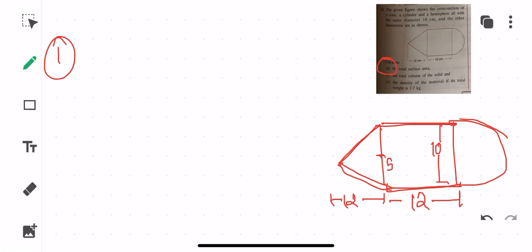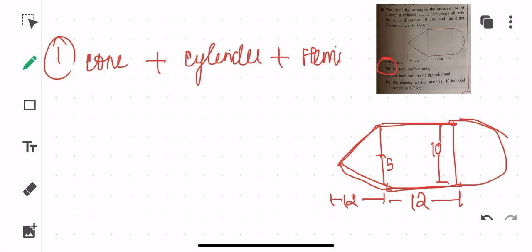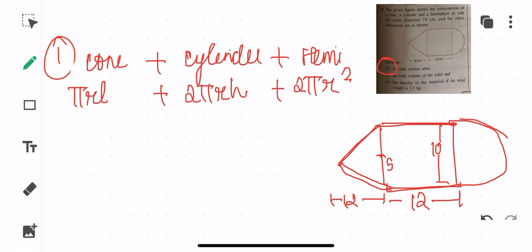So what will be your formula? It is cone plus cylinder plus hemisphere. For cone, the formula is pi RL, plus for cylinder it will be 2 pi RH, because you are taking only curved surface area, and for hemisphere this will be 2 pi R square. So we will just replace the values in this formula to get the answer.